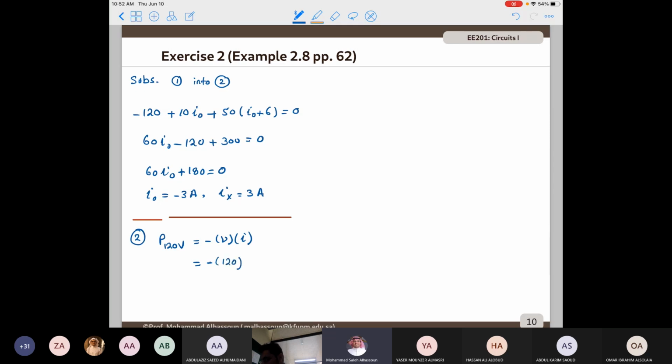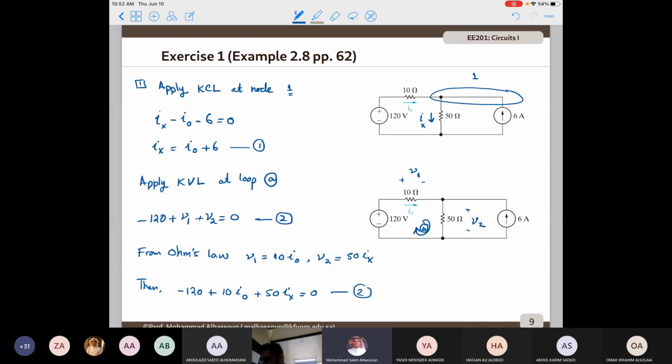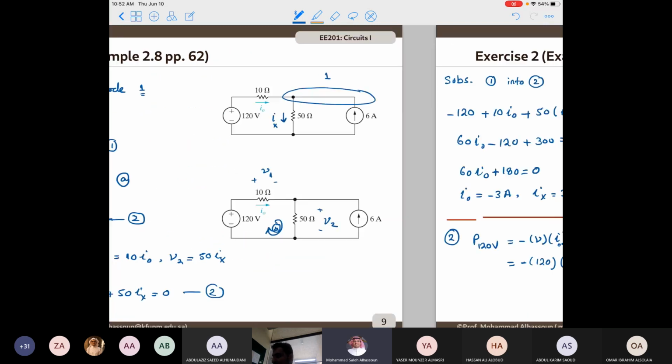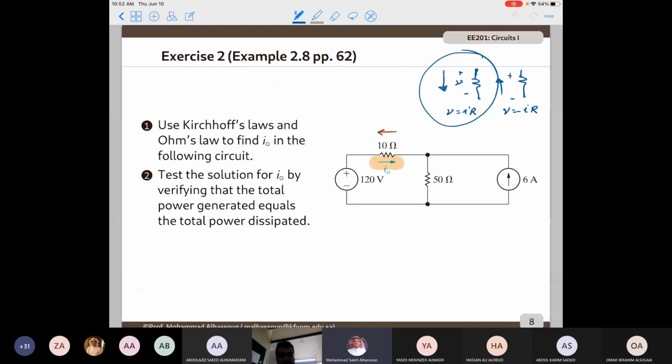So 120, and remember the current is I0. I0 we found to be minus 3. So if we substitute, we end up with 360 watts. So this implies that this source is not generating energy, it's actually absorbing power.